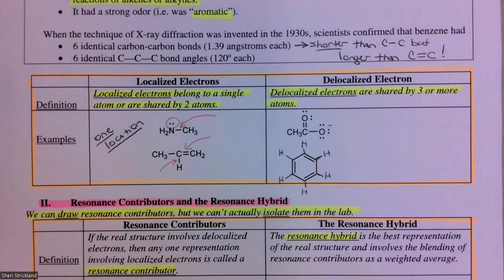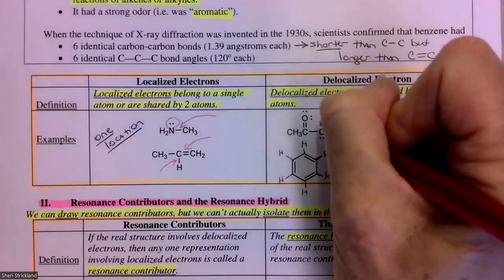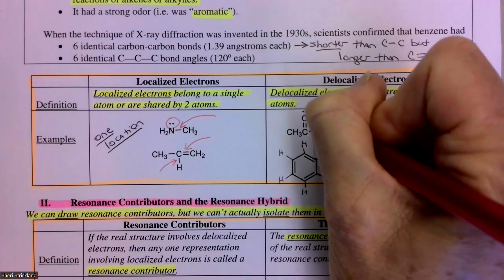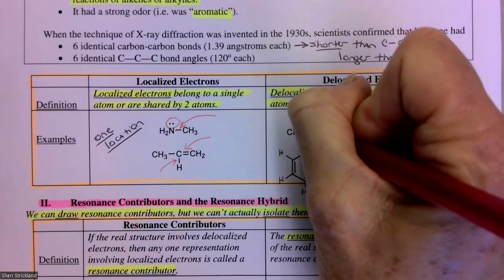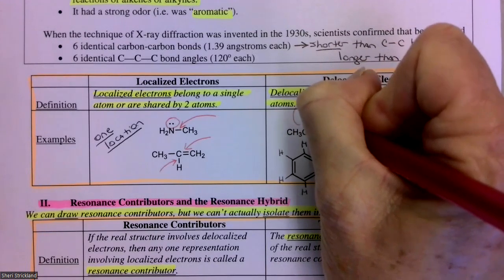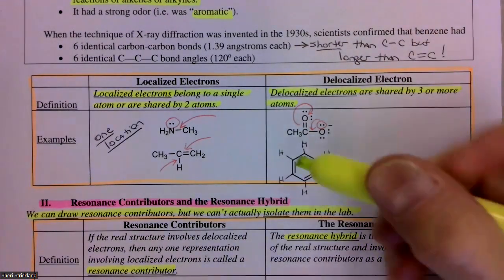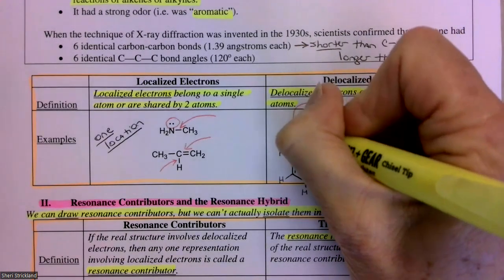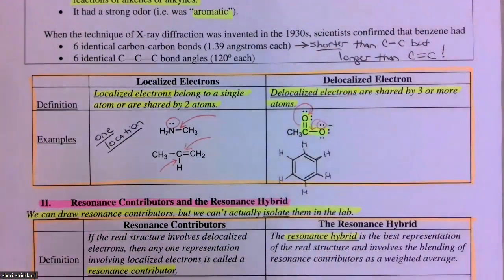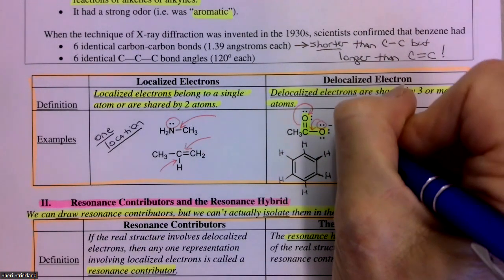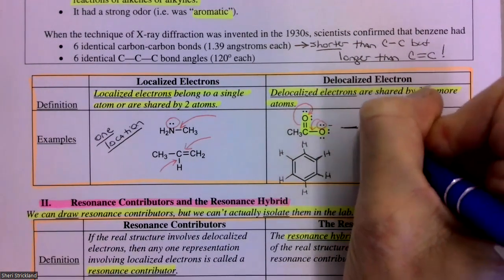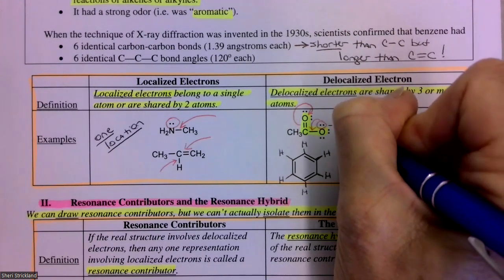But delocalized electrons are different, because using rules that we're going to take a look at in just a bit, the electrons in this little 3-atom portion of the acetate ion can move. And it's not that the atoms move. In fact, one of the rules of writing resonance contributors is that the atoms never move.